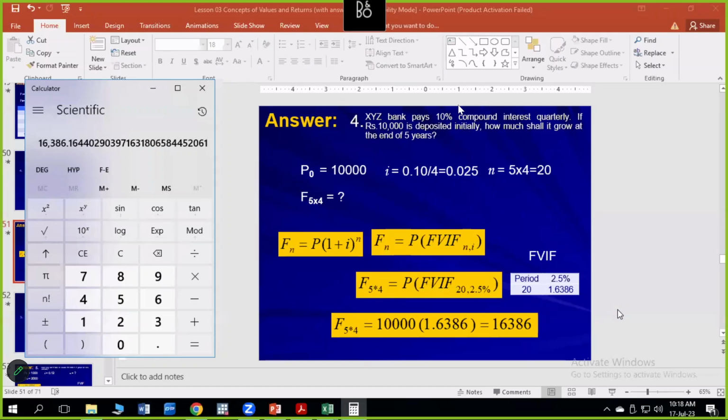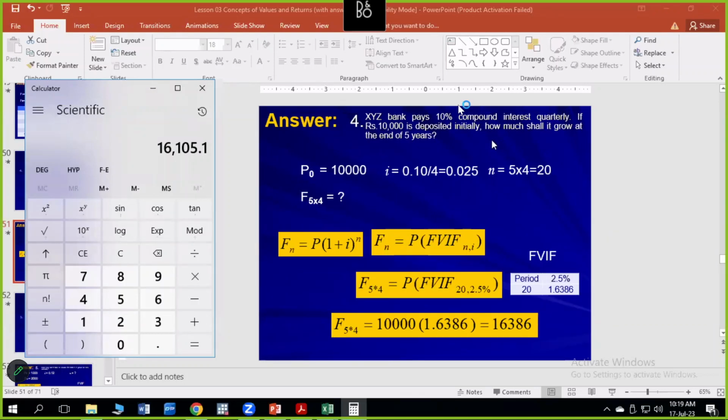Otherwise, what would be the value for you? 1.1 to the power 5 at the end of 5 years. If you multiply this, only 16,105 rupees would be in your deposits if it is compounded annually at 10%.